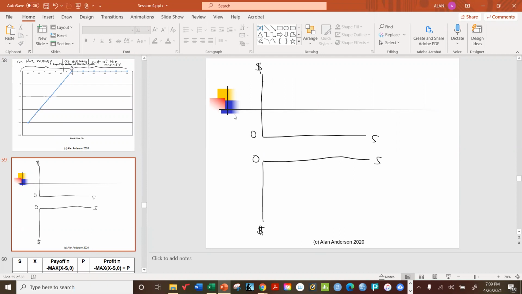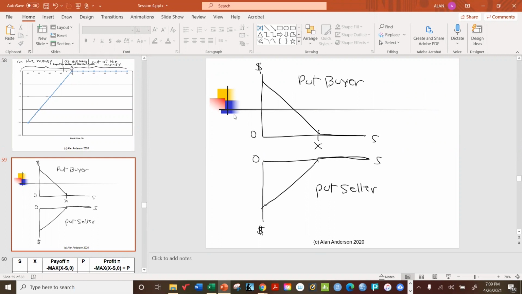And so the put buyer is here. And here's the put seller. And of course, we have symmetry from the top to the bottom. So when the two of them are added together, we end up with 0.